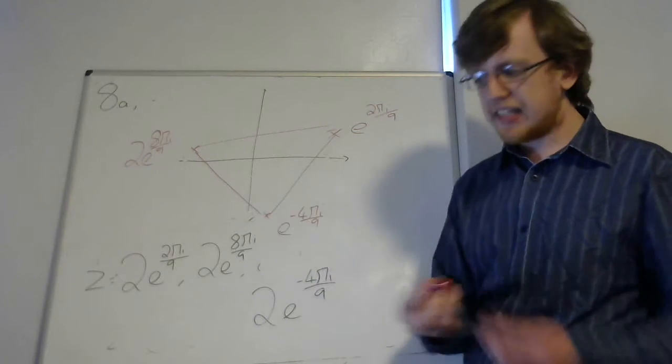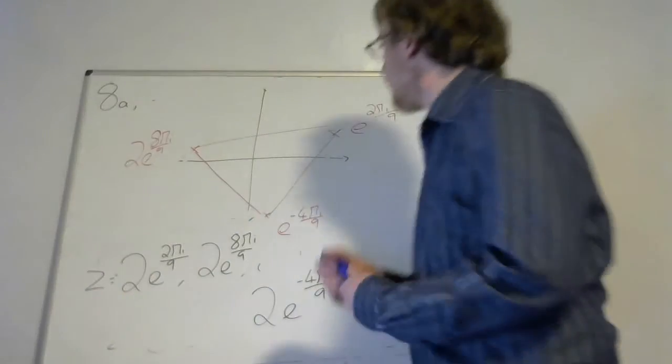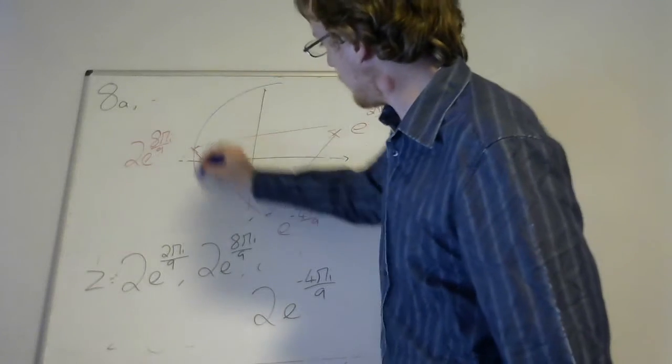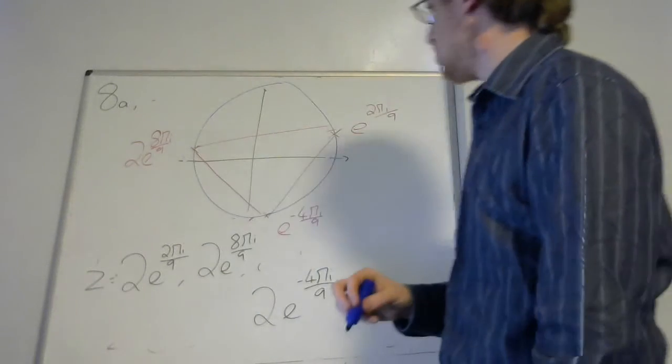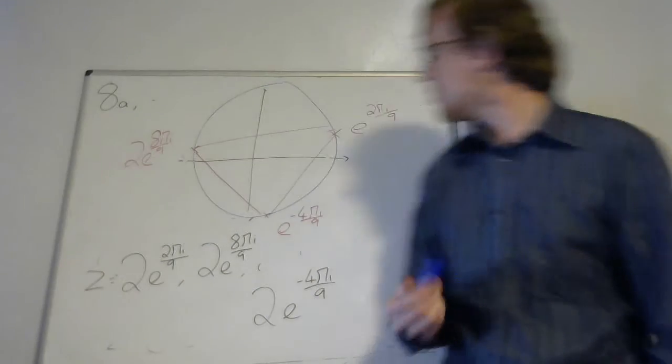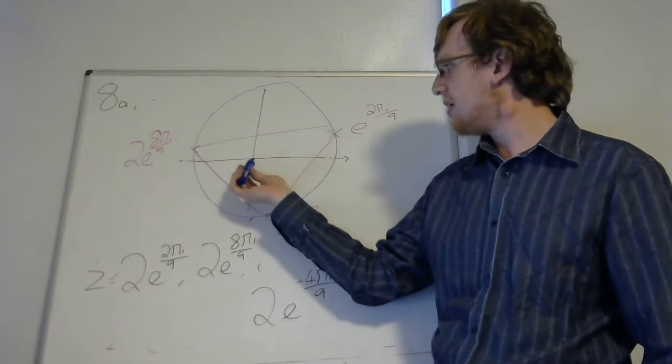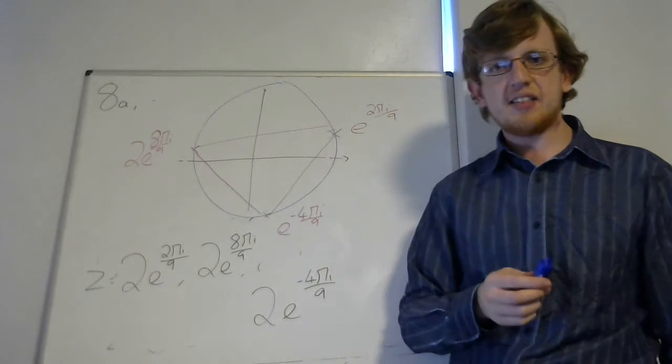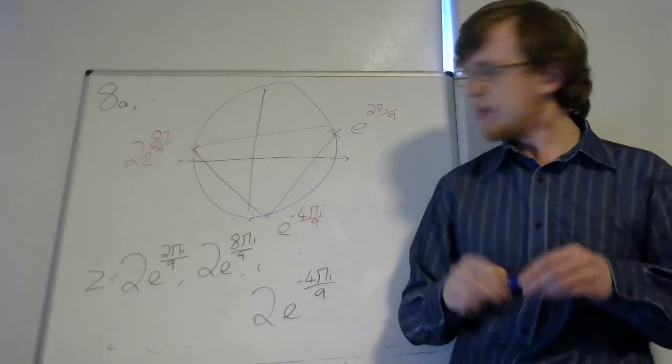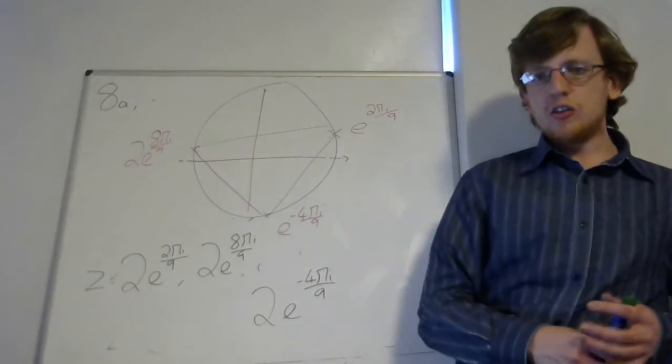So what that means is that these 3 points lie on a circle, because they all have the same distance from the centre of our Argand diagram here.